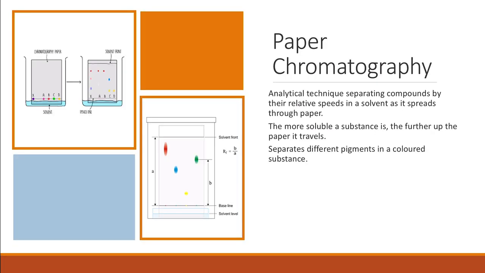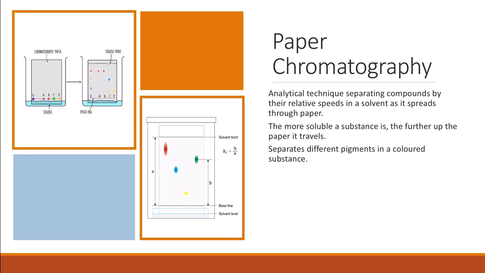Paper chromatography is an analytical technique that is used to separate components or compounds by their relative speed of movement in a solvent as it is spread through a paper. So you have the different components, they have different affinity or they have different attraction to the solvent and to the paper.